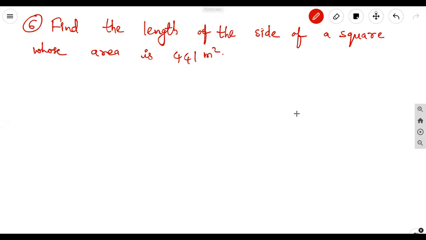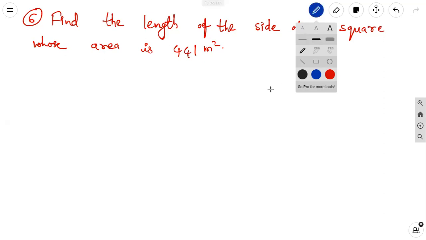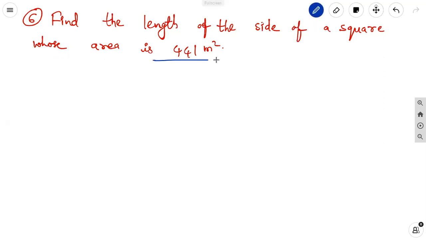The continuation of squares and square roots, exercise 6.4. The sixth problem is: find the length of the side of the square whose area is 441.